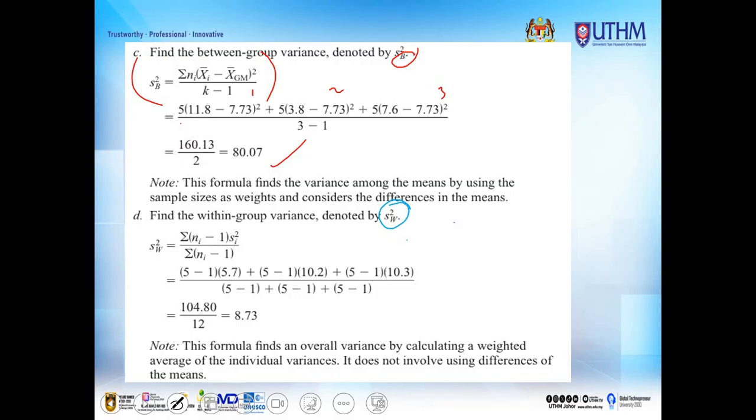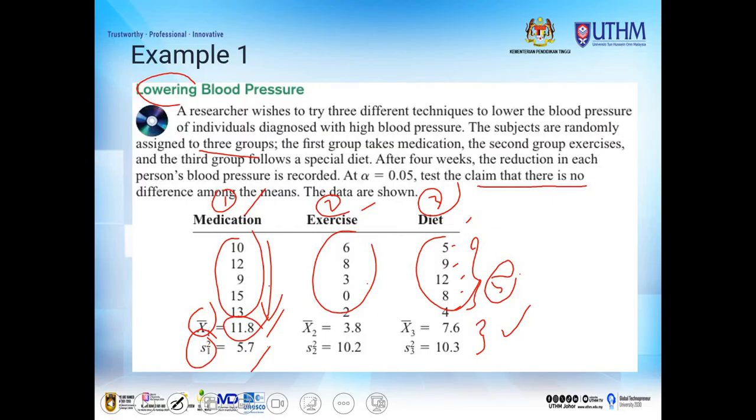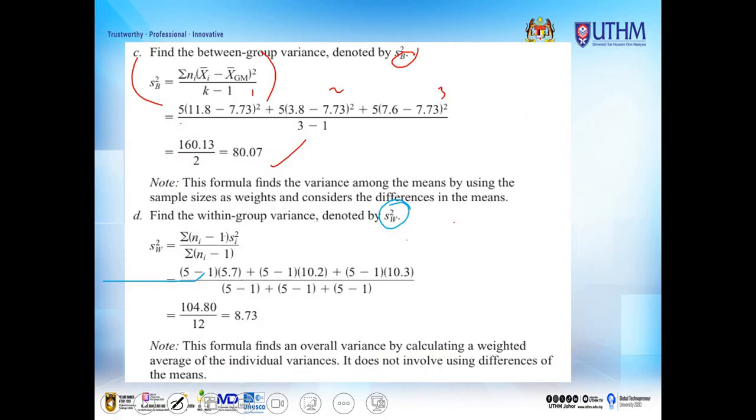The formula for this one will be the sum of (n minus 1) times the variance, divided by the sum of (n minus 1). So 5 minus 1, n minus 1, and then times 5.7. 5.7 we already got here. This variance will be used in the calculation now.